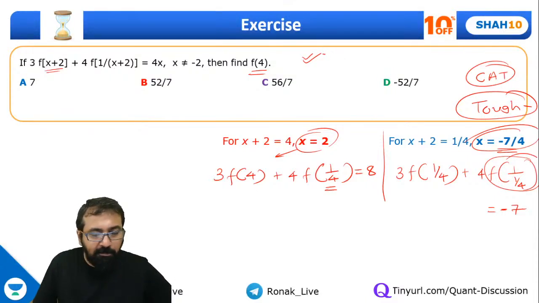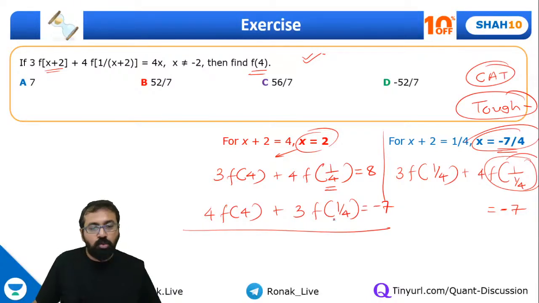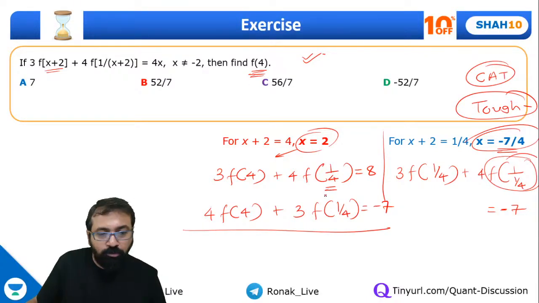So again, I can say, or you can directly solve these two equations and figure out. Let me just write down this equation over here. I'll get 4 into f of 4 plus 3 into f of 1 by 4 is equal to minus 7. Let's solve these two equations, simple. We want to find out f of 4, so we'll cancel off this part.